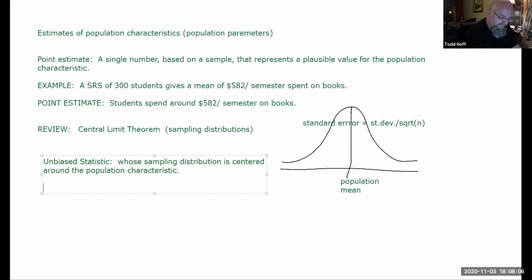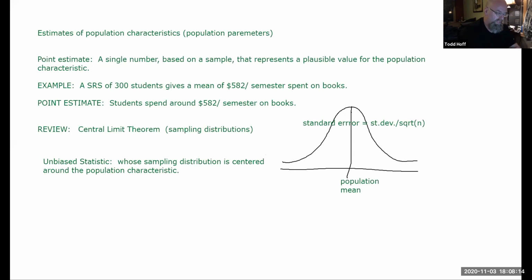Because these point estimates leave a lot of leeway, our point estimate could be dead on. It could be right in the middle here. But we could have had a sample that had a mean that was way smaller or a mean that was way larger. So it's not guaranteed. It's more likely to be towards the middle, but it's not guaranteed to be dead on or even extremely close. So what we do is we use something called an interval estimate.